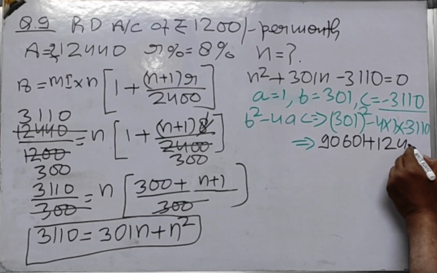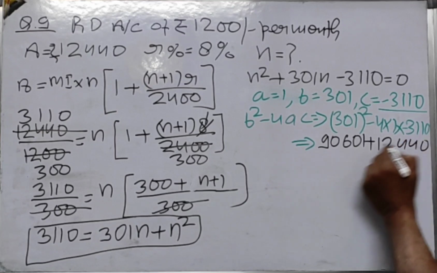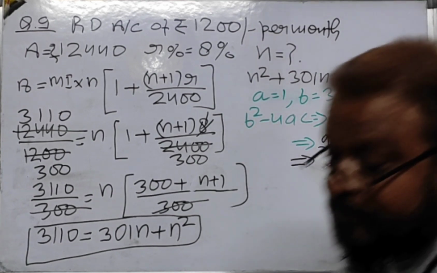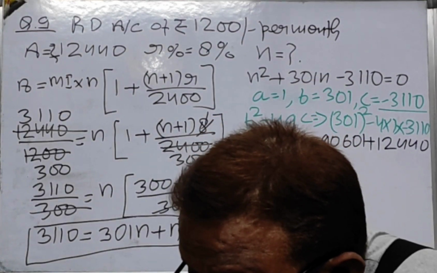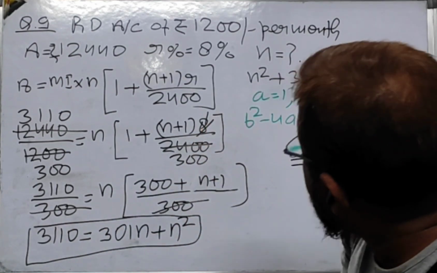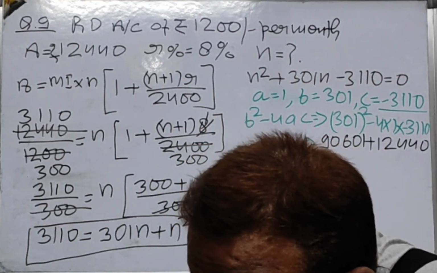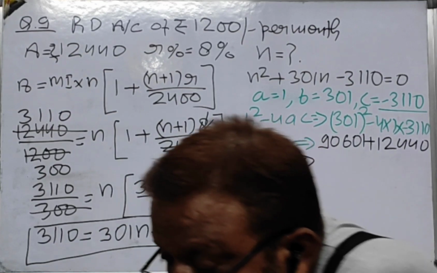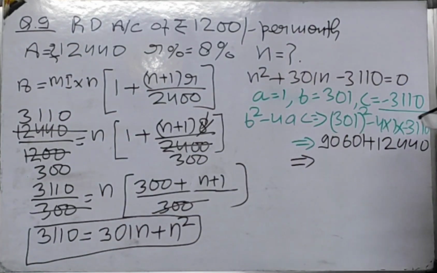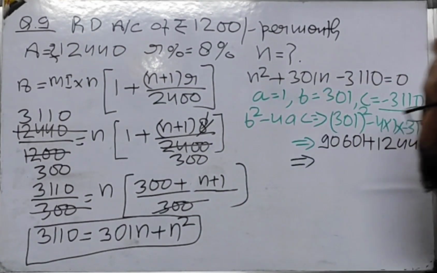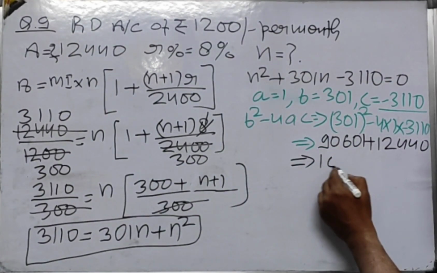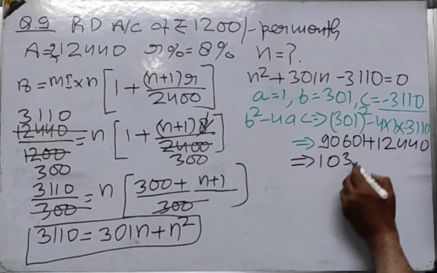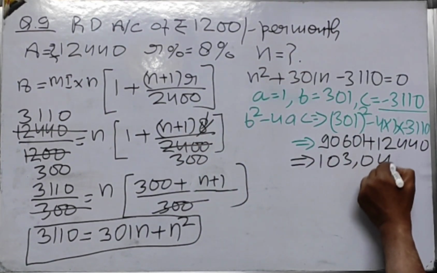Now when you add these two, how much do you get? Can you tell me the square? What I said, 90,601. That comes to 1 lakh 3,041. Right.